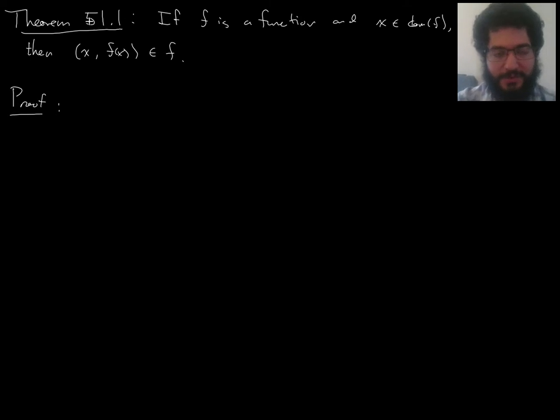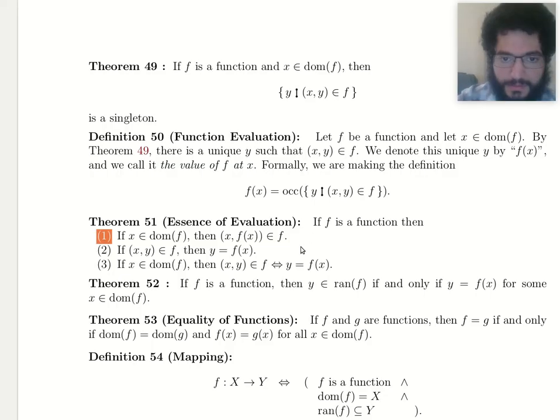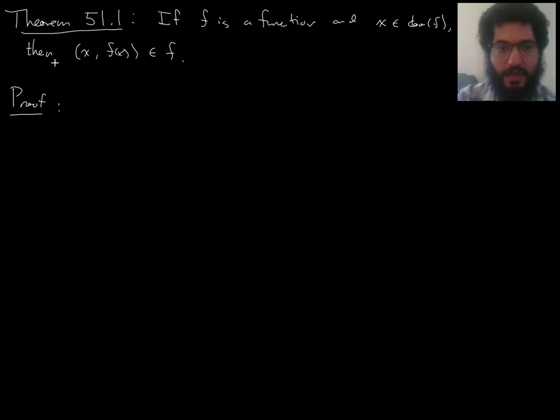Okay, so here's the first part, 51.1. If f is a function and x is in the domain of f, so that's the if part, then, so I've mushed those assumptions together, the pair x comma f of x is in f. So we'll start by assuming the hypotheses.